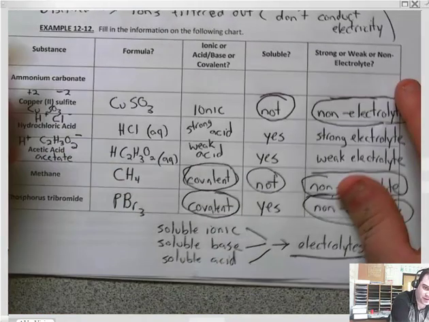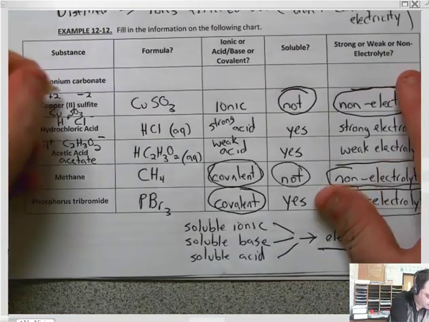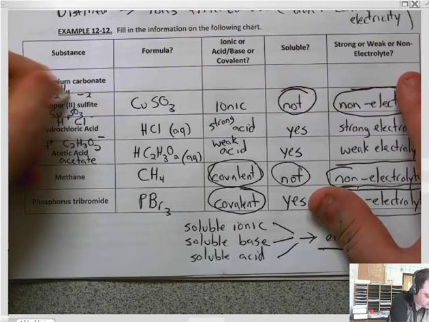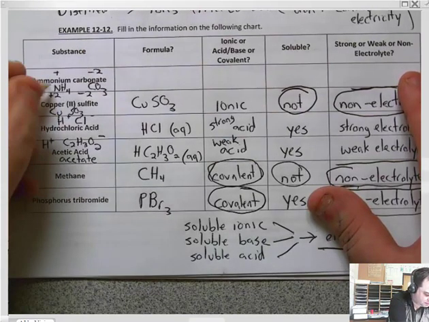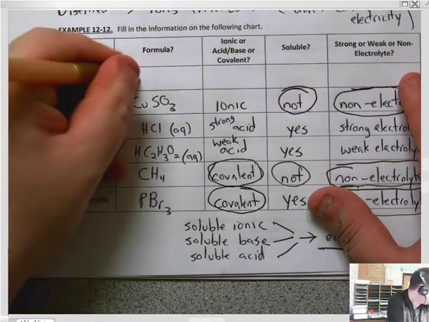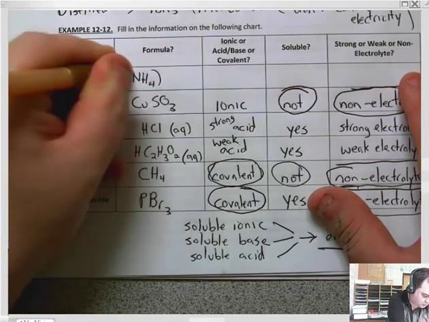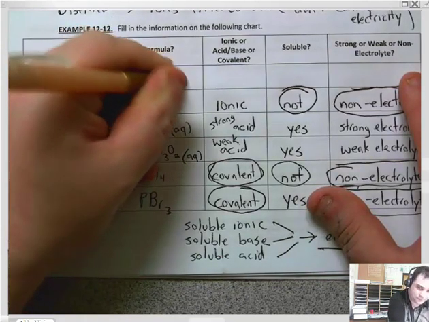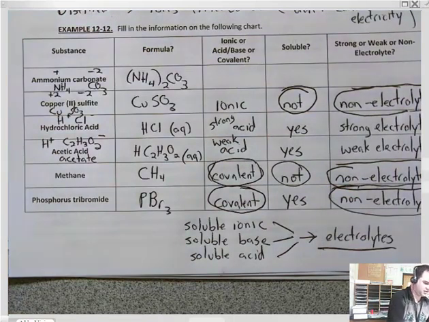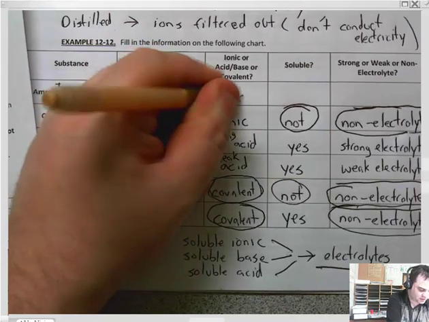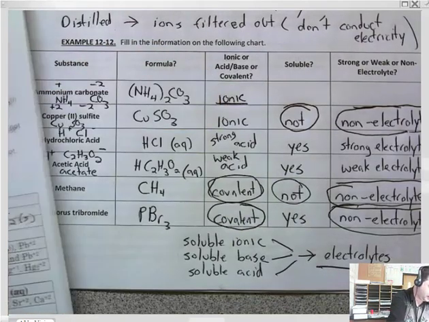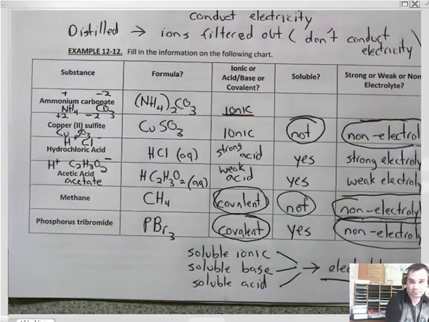Last one here, ammonium carbonate. Ammonium is NH4 plus. Carbonate is CO3 minus 2. Plus 1 and minus 2, so this is (NH4)2CO3. We go back to our solubility rules because this is ionic.